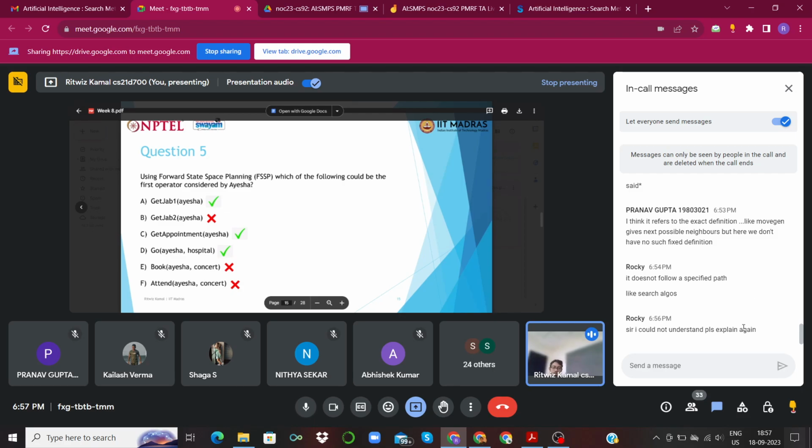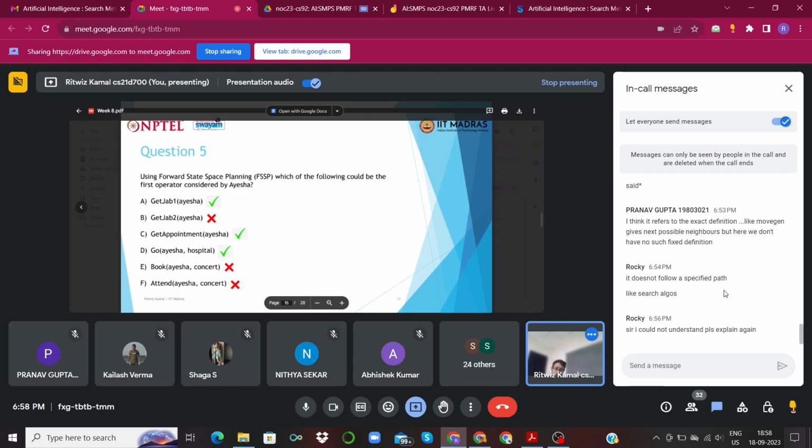Okay, I'll explain once more. What we want in forward state space planning is that, given the facts in our initial state, and given different combinations of those facts, we need not consider all facts together.